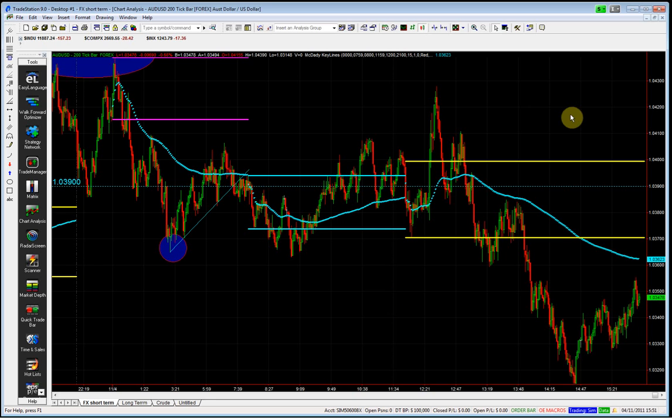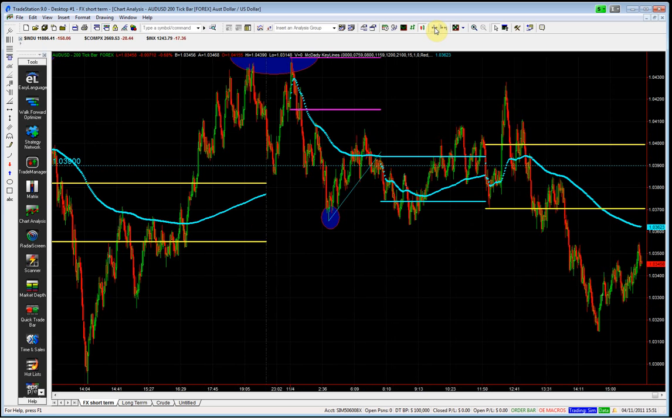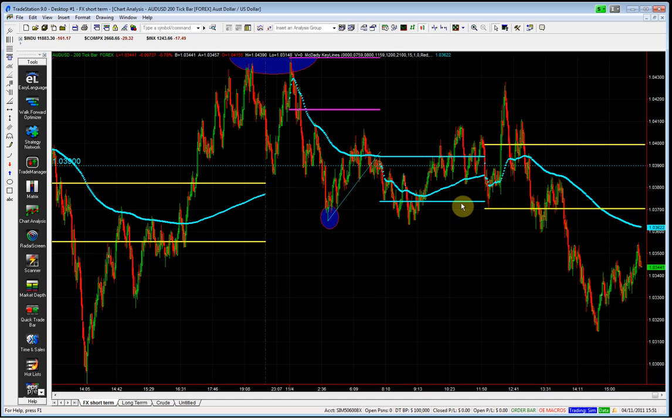But as we've seen the last couple of sessions, that has been a significant level, so there's lots of decision making going on here, as you can see in the chart.